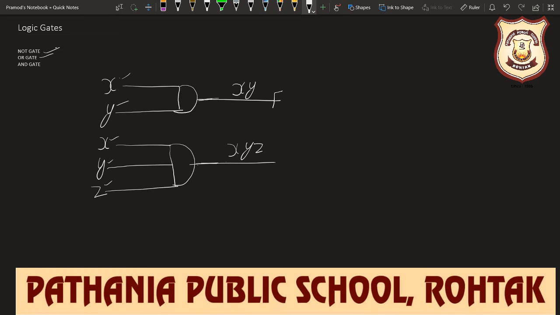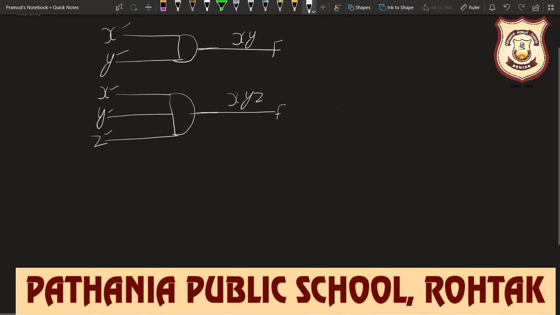For example, if you have four variables, how do you draw the four-variable AND gate? You can write W, or you can write A, B, C, D as you want.